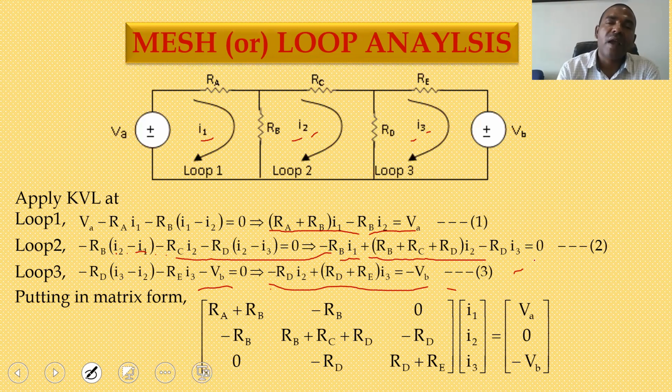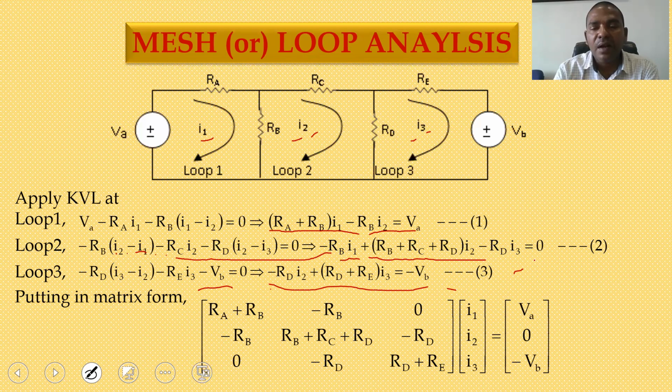The delta determinant we have to calculate. Then, for finding the values of I1, I2, I3, replace the first column by the RHS, that is VA, 0, minus VB, and you get the delta 1 value. Replace the second column by the RHS, and you get the delta 2 value.